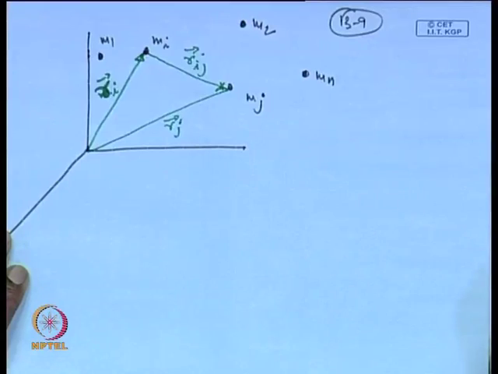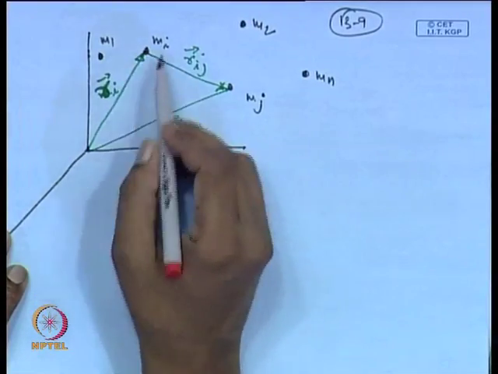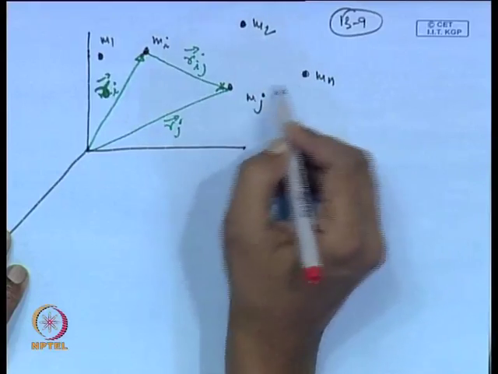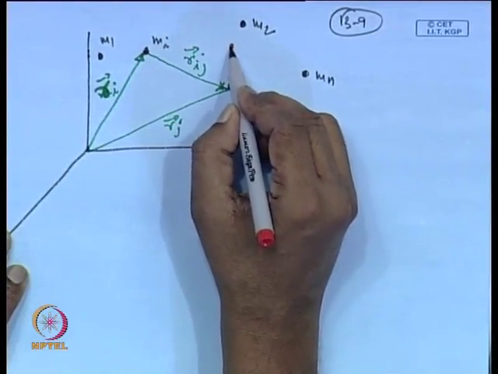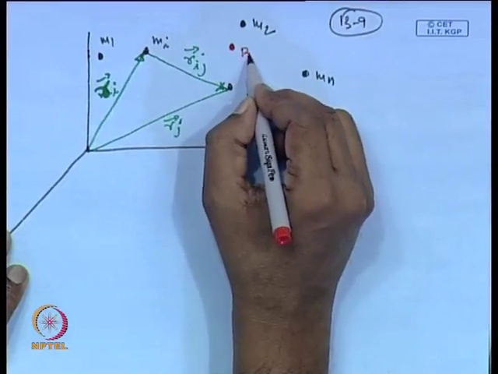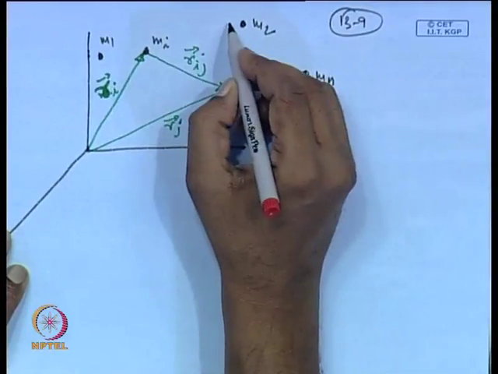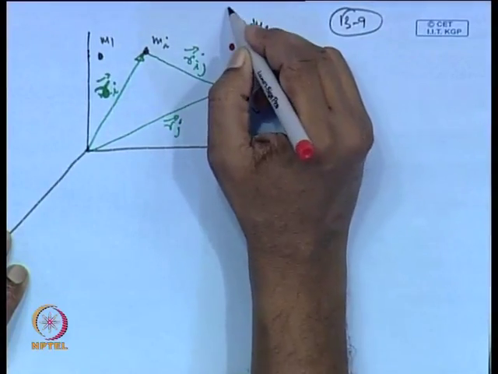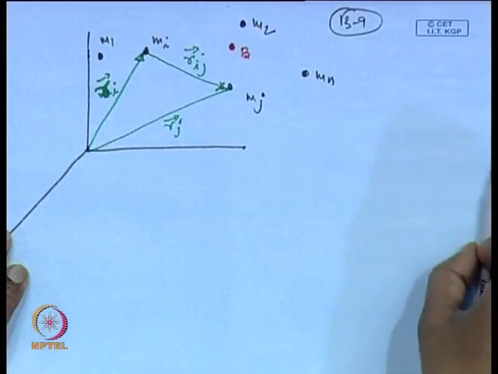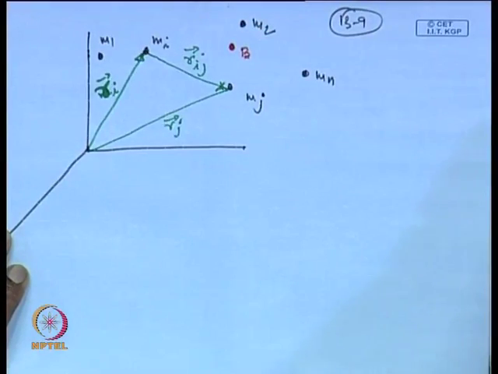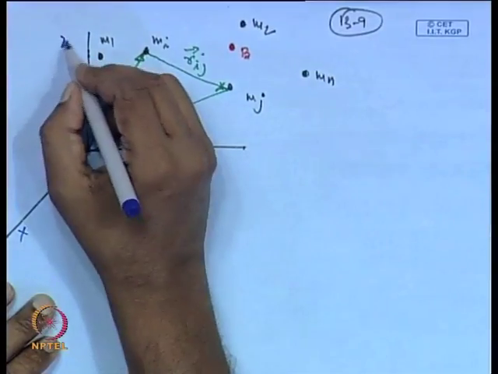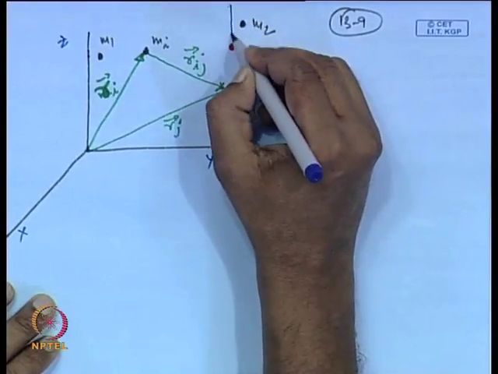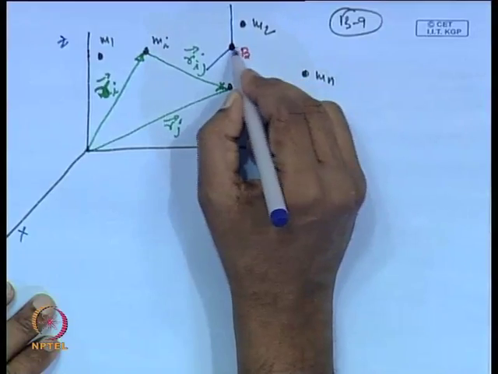This is Rj. And then we consider that the barycenter of all the particles is located somewhere here. So, this is the barycenter which is indicated by B, and we fix a frame at the barycenter, which is parallel to this frame x y z. So, we fix a frame here.